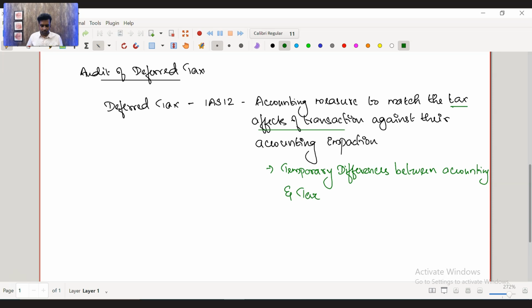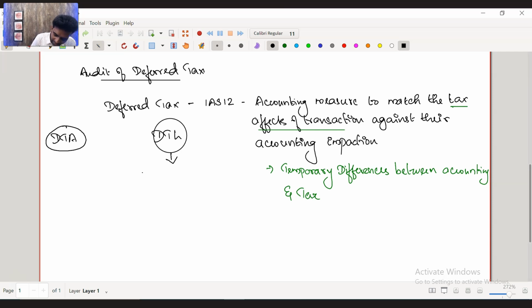Now, as per IAS 12, a liability is created thinking that today we are paying less tax, so tomorrow we might end up paying more tax. So we have in deferred tax two kinds of items: a deferred tax asset, which I'm going to call DTA, and a deferred tax liability, DTL.